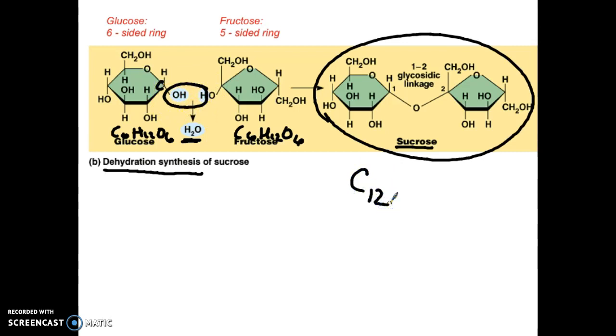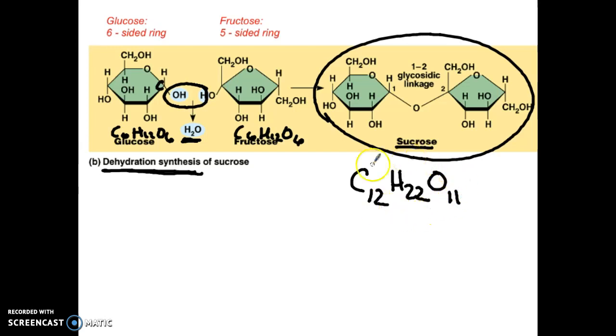You can count in here. Might be a little harder because of where the carbons that aren't identified from the diagram. But it's C12H22. It would have been H24, but we lost 2 hydrogens in the process of dehydration synthesis. And oxygen-wise, we have only 11 because we lost 1 in the water molecule.